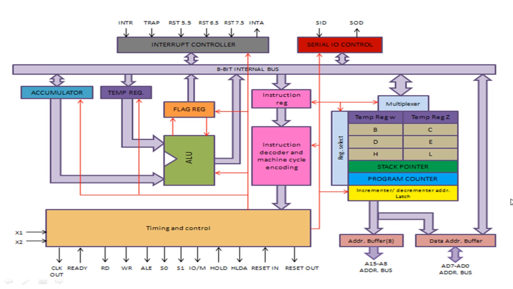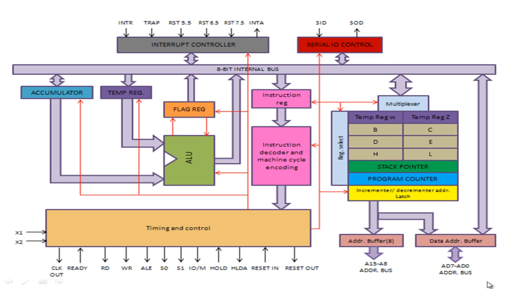Now we can see that all blocks have been explained. Let's proceed with a simple process of how a program is executed in the 8085. Suppose we have a program written in some memory, and we have to add two numbers, so we write a program and store it in memory.